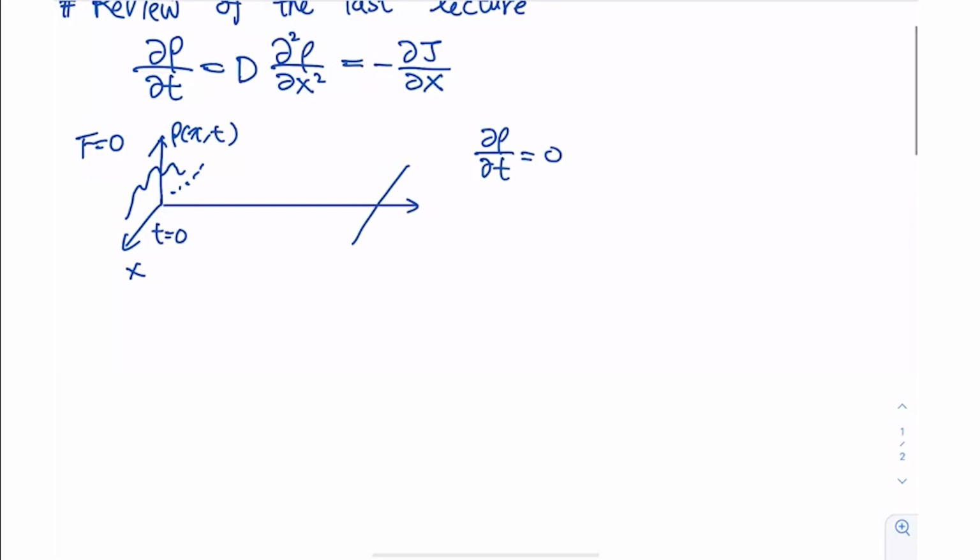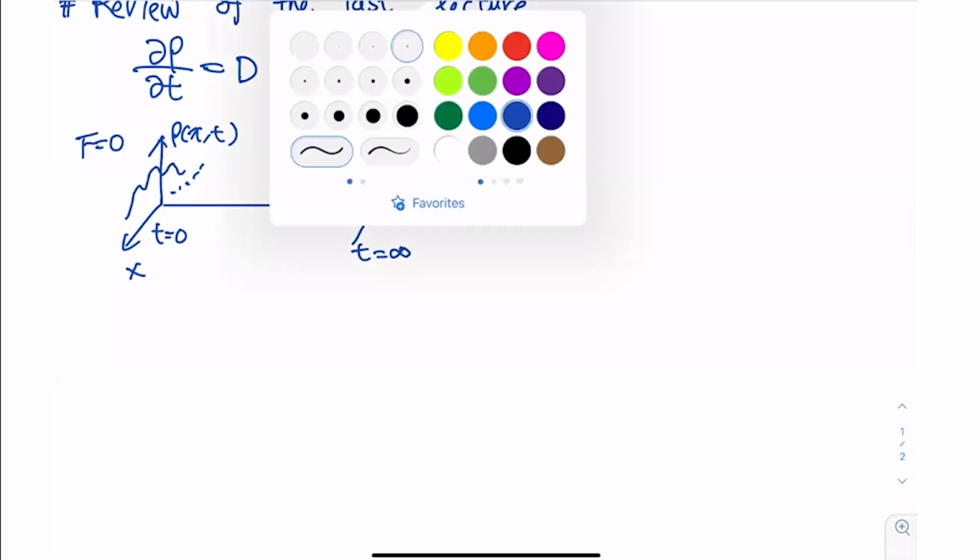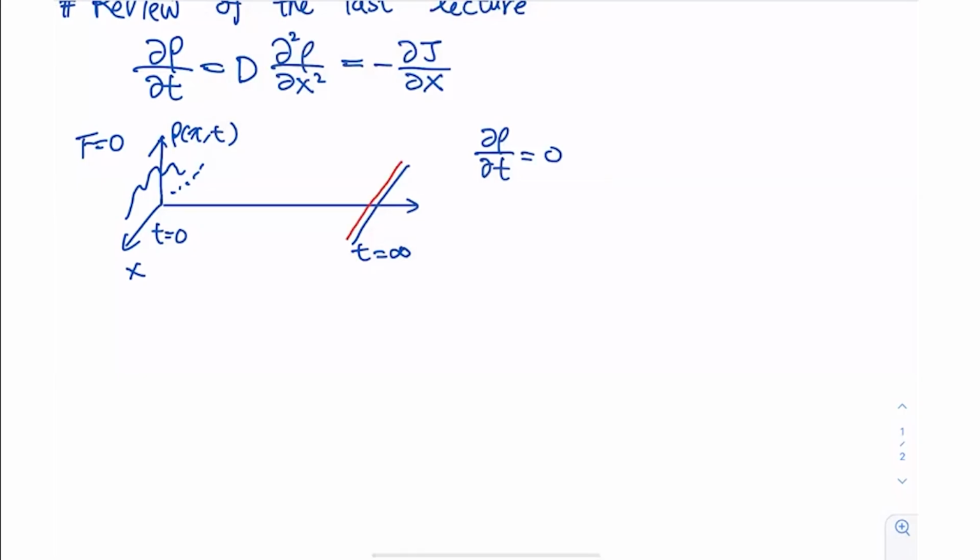In the case of no external force, what we found is that no matter what initial density profile you start with, eventually you'll get an equilibrium configuration that is a homogeneous distribution of your density profile. That's intuitively clear: if you release some particles in your room, they will bounce back and forth, and eventually, in the long time limit, they will spread out evenly in the room.